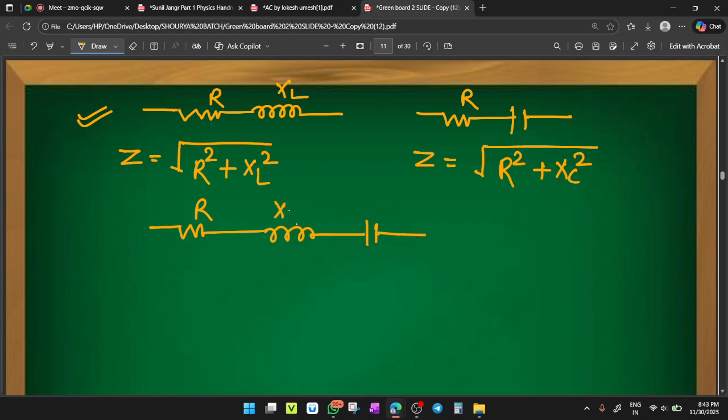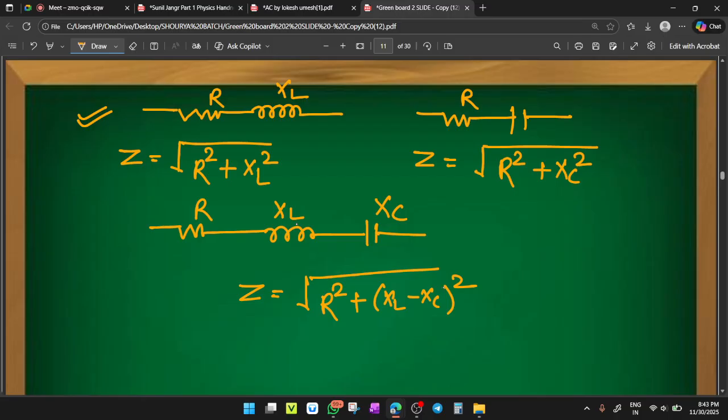So the individual resistances are: capacitive reactance is XC, inductive reactance is XL. That time Z is defined as under root R square plus XL minus XC whole square. This will be your impedance.